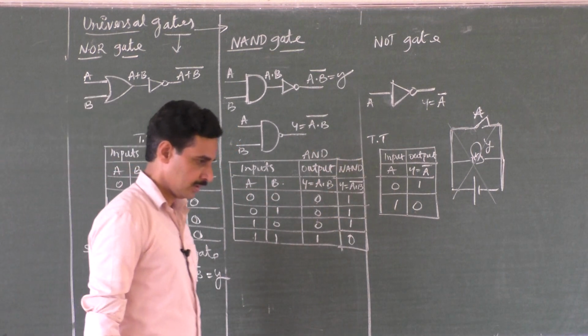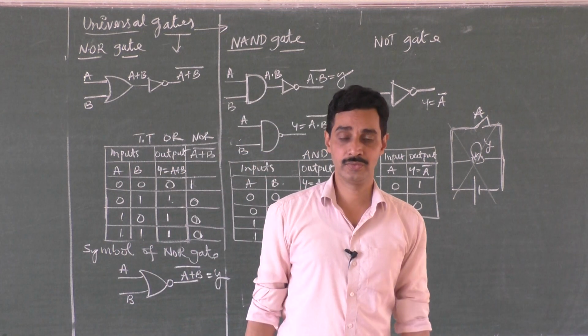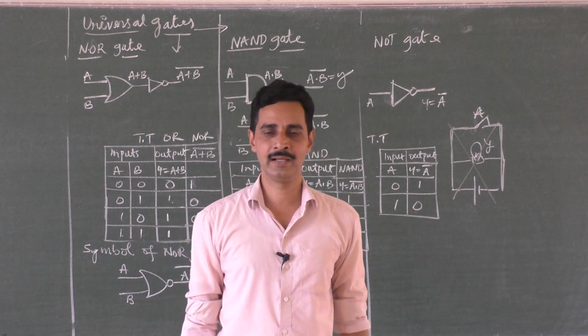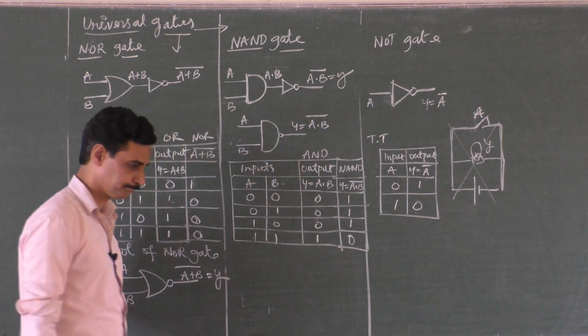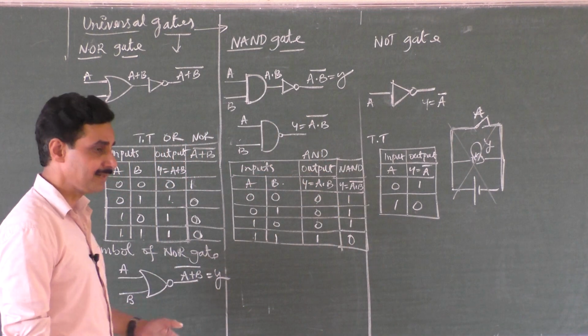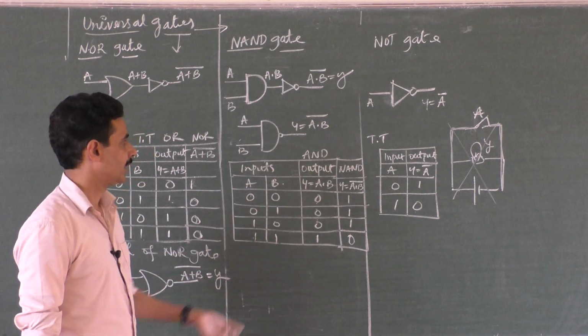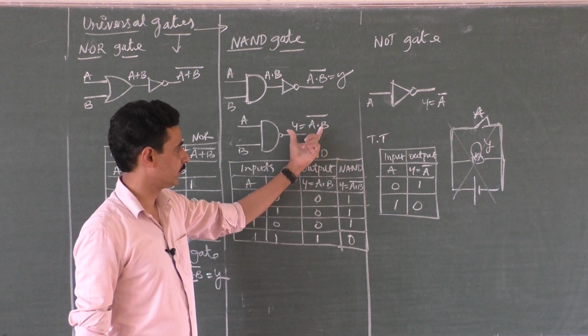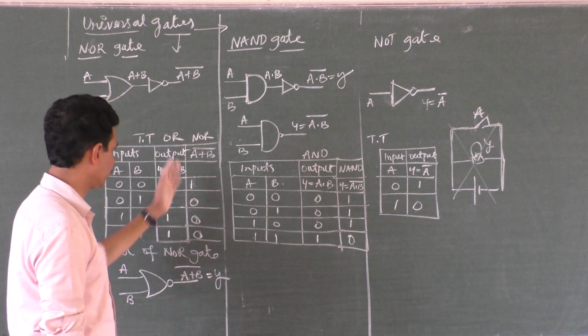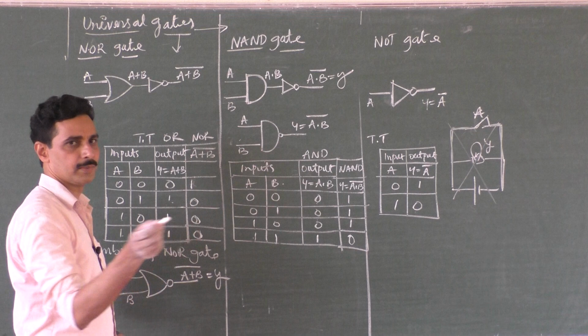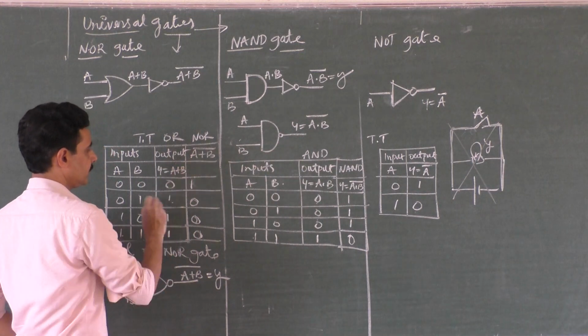You call the NAND gate and NOR gate universal gates. And again, very important questions here. Write the symbol of the NAND gate. Write the logic operation of the NAND gate. Similarly, the NOR gate. Write the truth table of the NOR gate. When you are asked to write the truth table of the NOR gate, you need not write OR, simply write NOR.